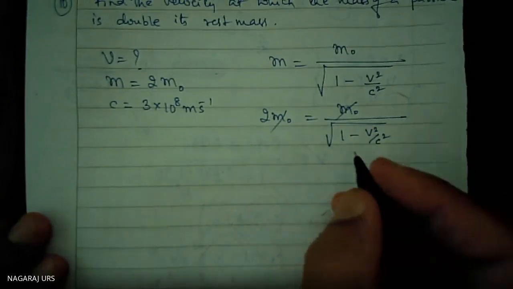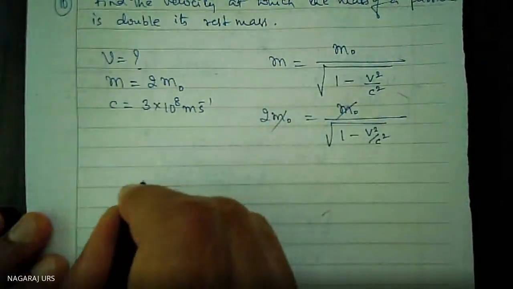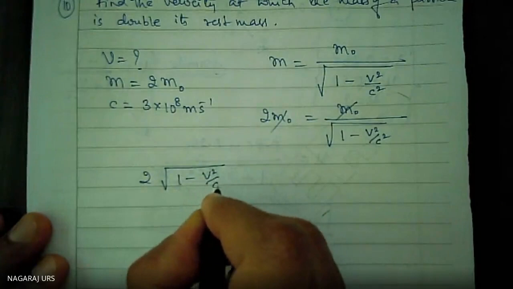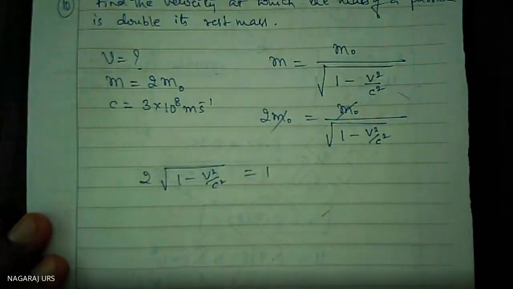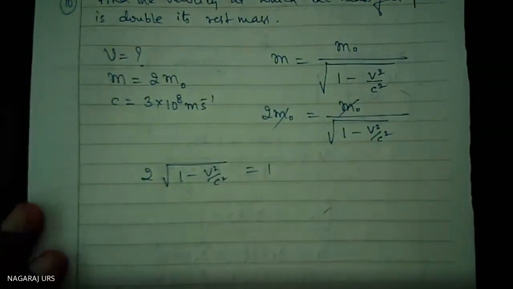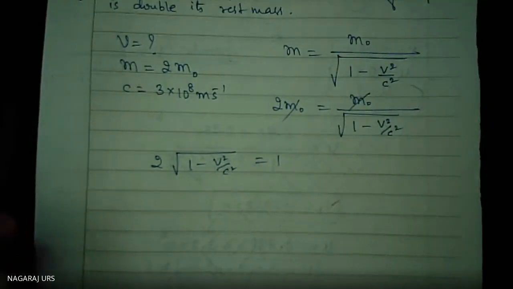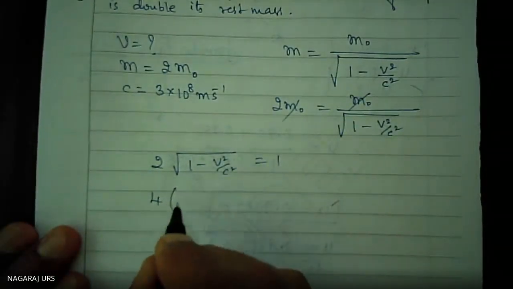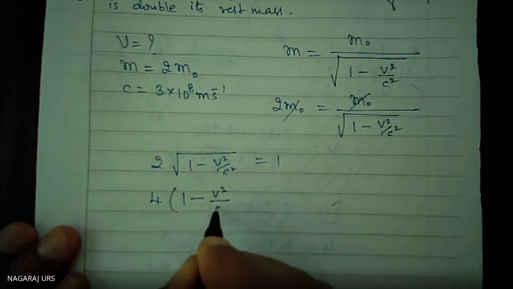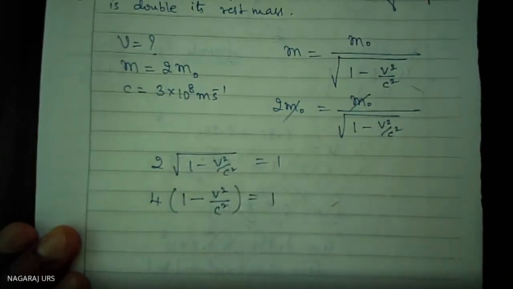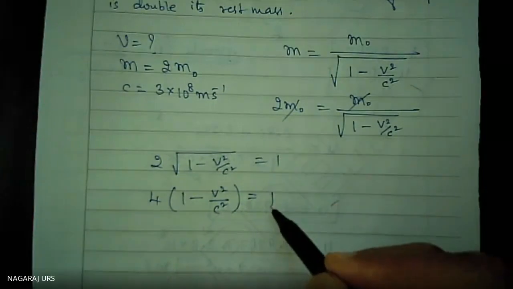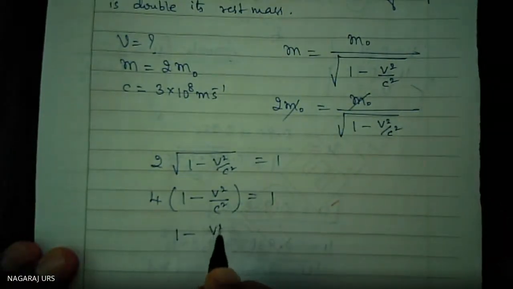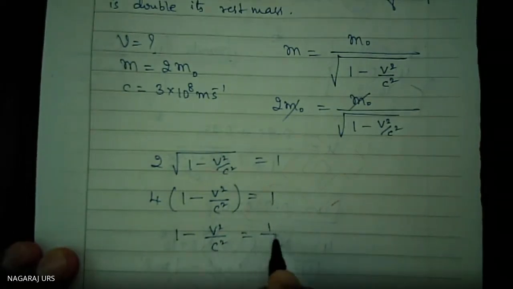Then do the cross multiplication. 2 into square root of 1 minus v square divided by c square is equal to 1. Squaring on both sides, 4 into 1 minus v square divided by c square is equal to 1. Therefore, 1 minus v square divided by c square is equal to 1 by 4.